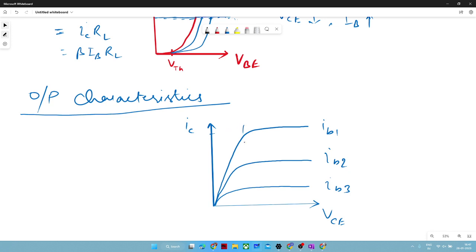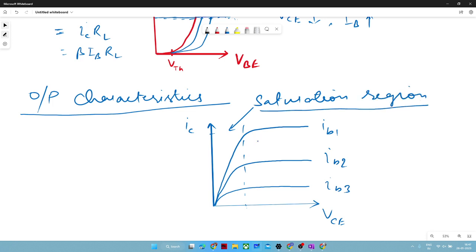And this region is known as saturation region. Okay. In this region only we need to operate our switches. However, this region seems to be a linear region, but this is not so, because we are not seeing the full picture.